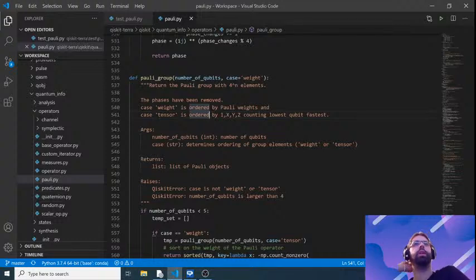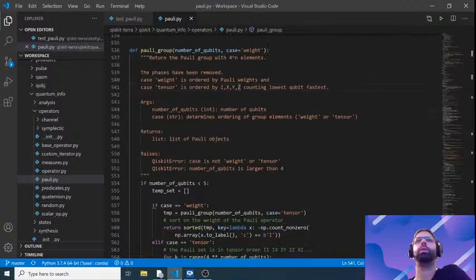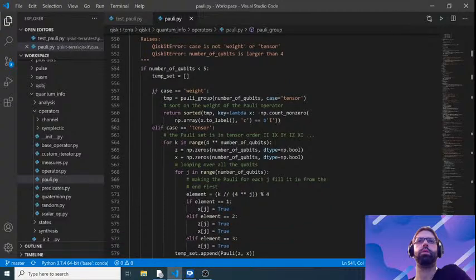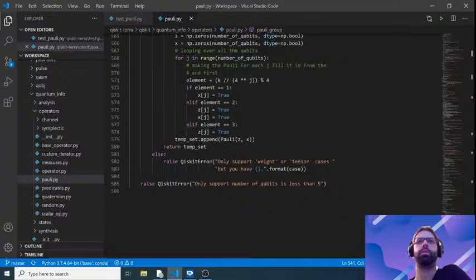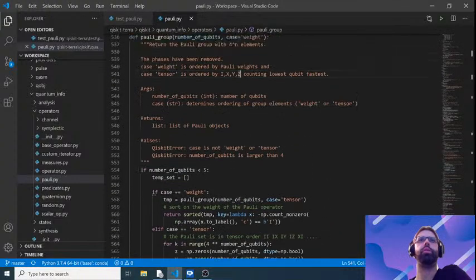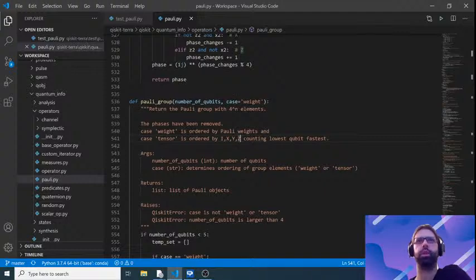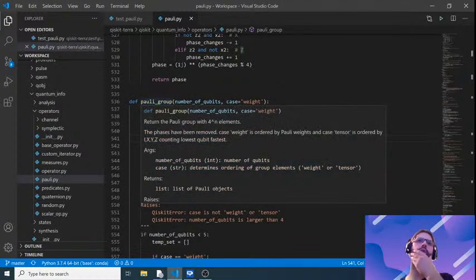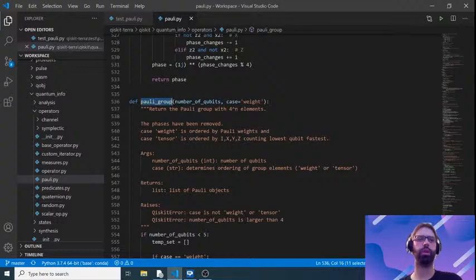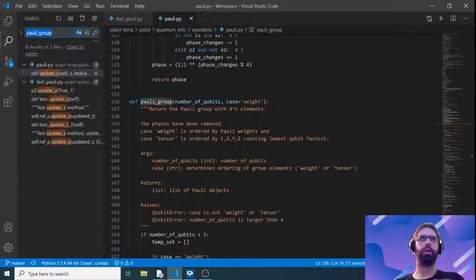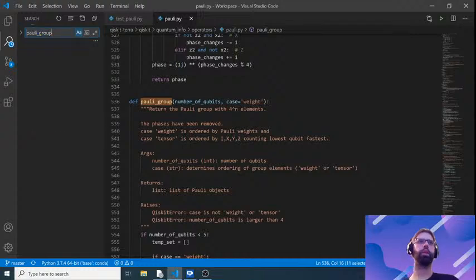I really don't understand what case weight, case tensor is ordered by IX and counting lowest qubit fastest. I can't really imagine use cases where something like this is useful. And I guess I should probably clone the other.